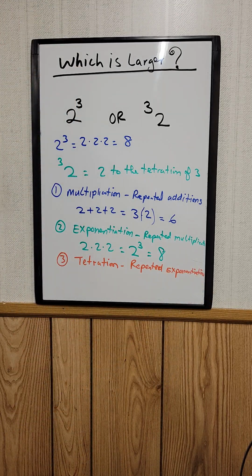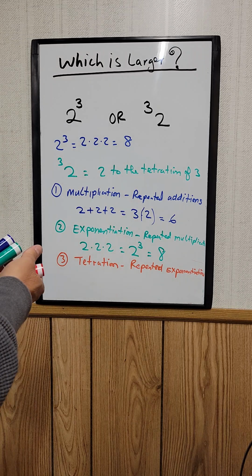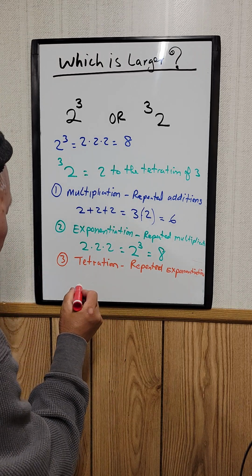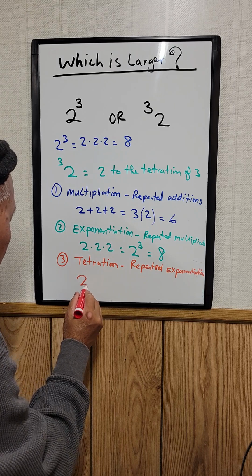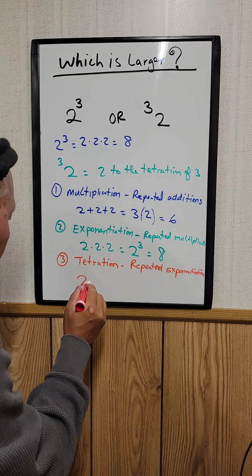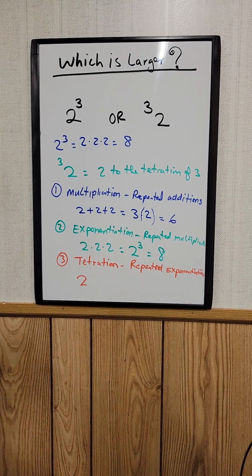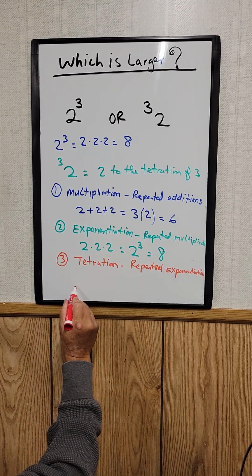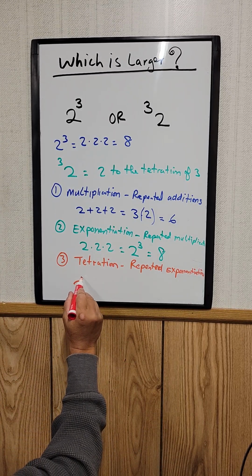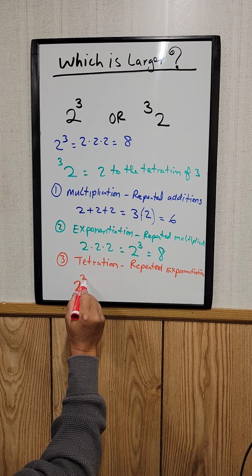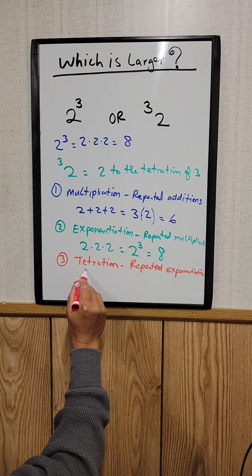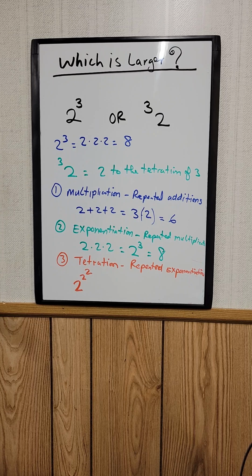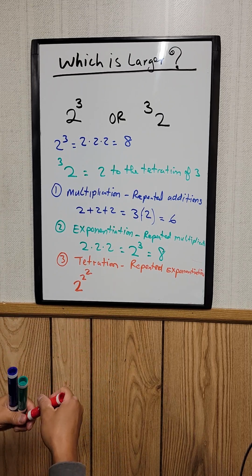For example, if you have 2 raised to the 2, raised to the power 2, and then raised to the power 2 again, what is that equal to?